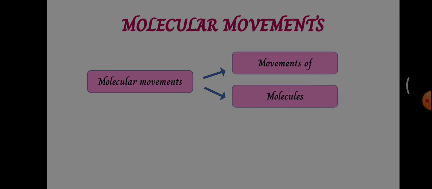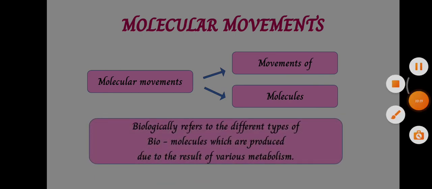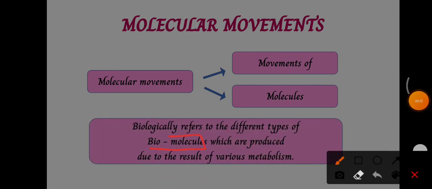When it comes to biology, it refers to the different kinds of biomolecules which are produced as the result of various metabolism inside our body. For example, if it is digestion, see the end products produced after digestion, right? So what are they?